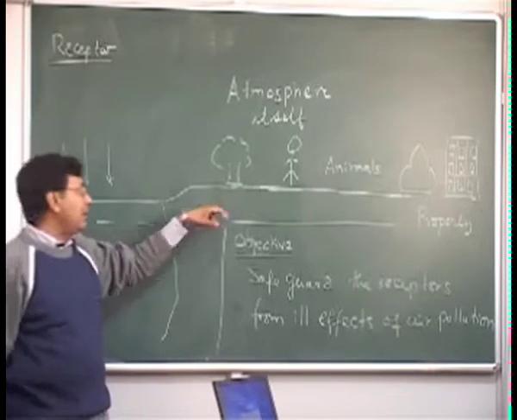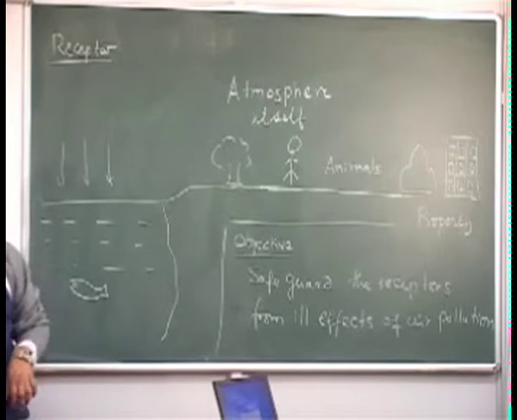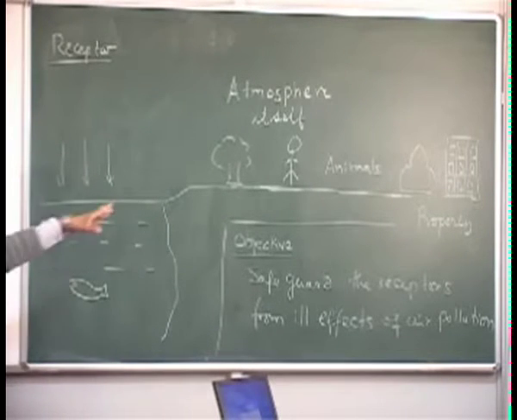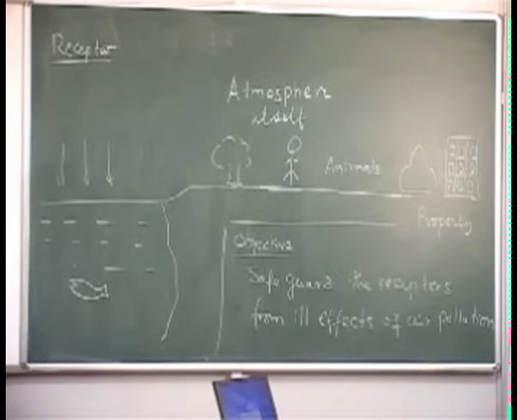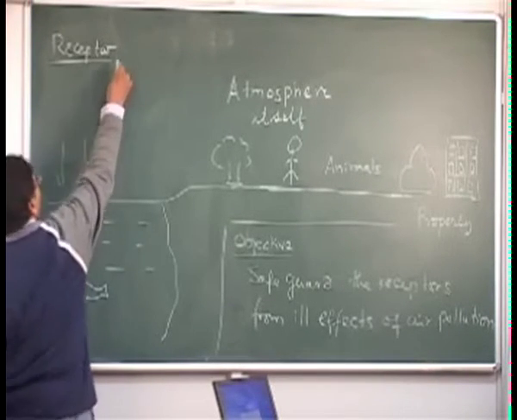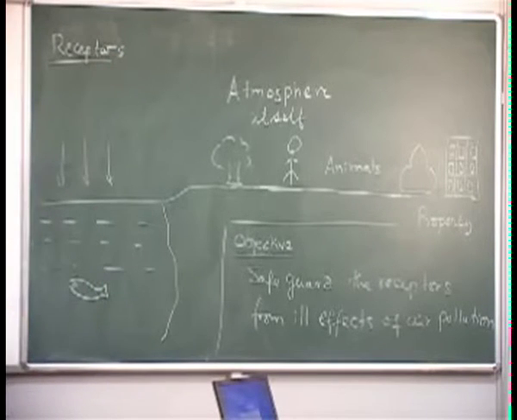You might need a botanist, a plant pathologist if you like. What I am trying to say is that the receptor is again a matter of expertise, and we are in the arena of an interdisciplinary subject.